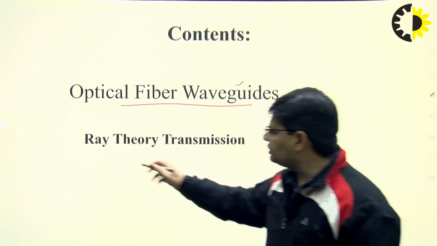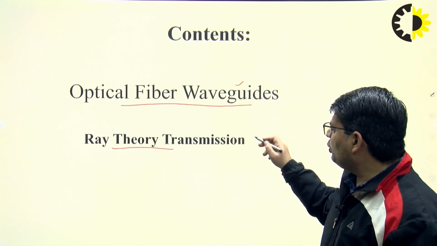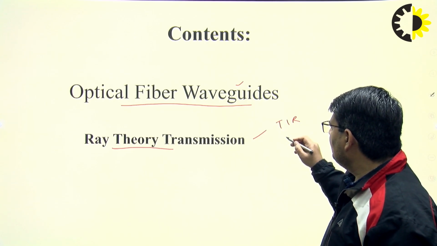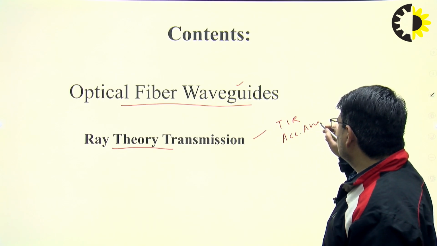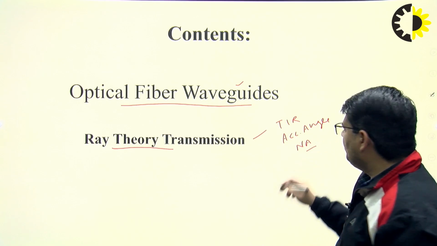And next we will discuss the concept of ray theory, and the main topics covered in this will be total internal reflection, acceptance angle, and then we will discuss the numerical aperture.